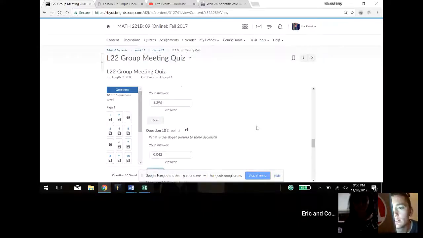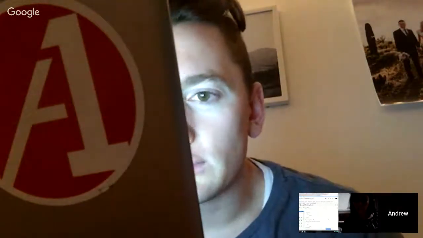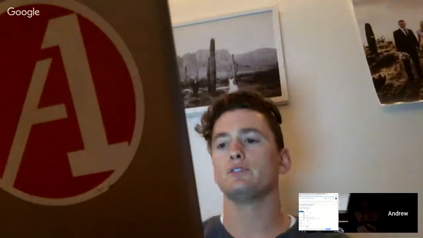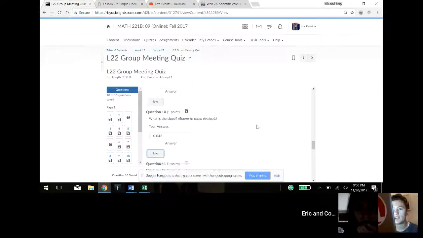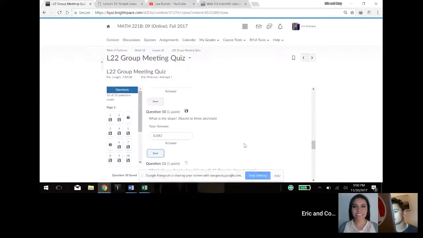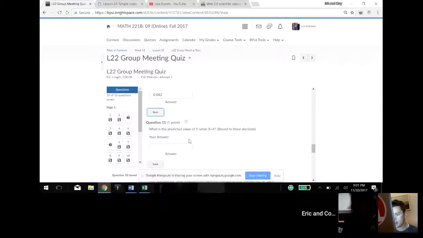So when x equals 4, y equals 1.296 minus 0.042 times 4. Wait, why is it minus? We don't have a negative slope. Oh, yeah, it's normally plus, unless you have a negative slope.